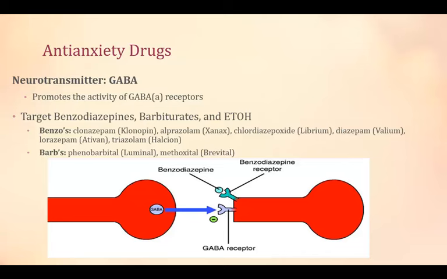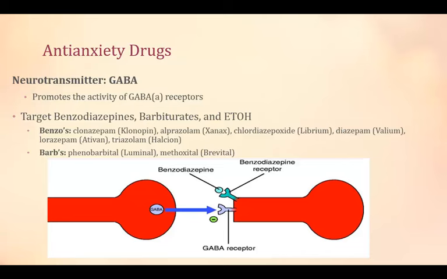So now we are going to move into the pharmacology of mental health disorders. And we're going to start with our anti-anxiety or antianxiety drugs. And what these drugs are is they are targeting that GABA neurotransmitter.